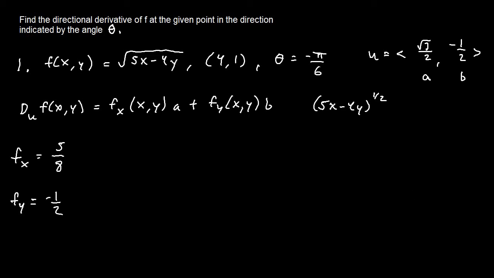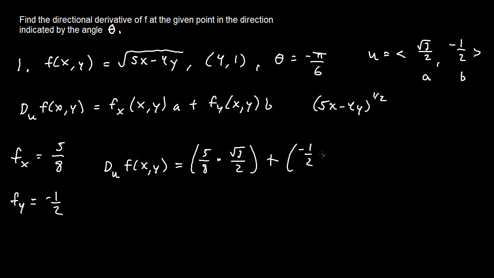So now we can plug everything into the formula. So the directional derivative of the function is going to be equal to the partial derivative of f with respect to x evaluated at the point, which we found to be 5 over 8, times a, which is the x component of the unit vector, so square root of 3 over 2, plus the partial derivative of f with respect to y evaluated at the point 4, 1, which we found to be negative 1/2, times b, or the y component of the unit vector, which is negative 1/2 as well.